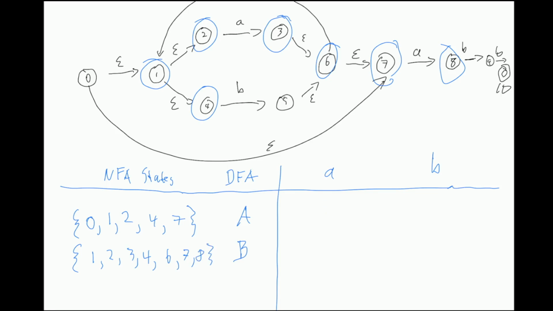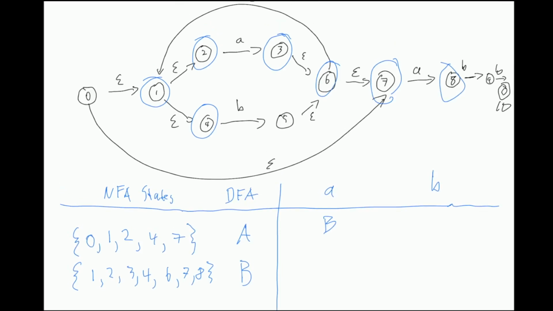I'm getting ahead of myself. So we can collect all those states, and we can give it a new name, B. And instead of having to write the entire set of states, we can just use the new name we gave for that subset, B. Questions so far? This process? It sort of makes sense. We're basically just finding all possible subsets of valid states we have when we make all possible transitions in this graph.